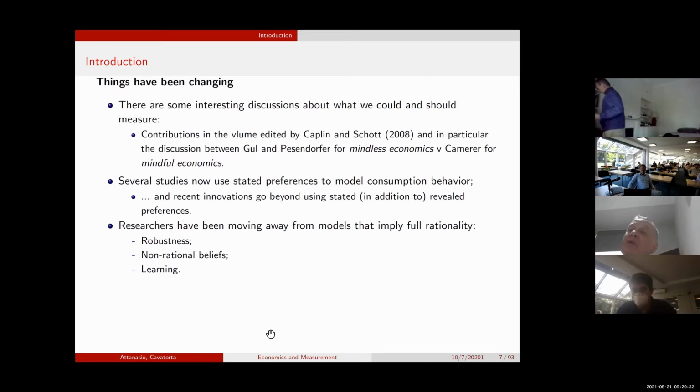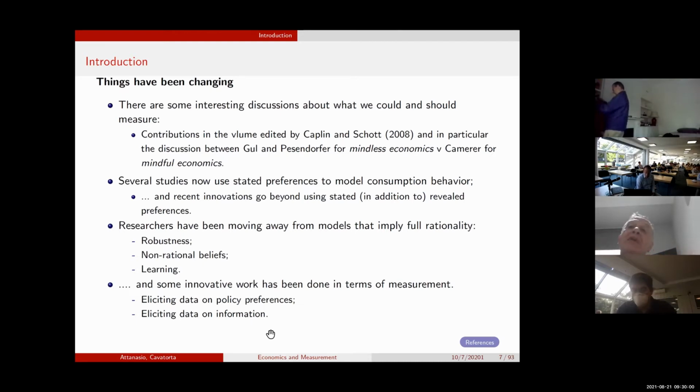And then Gul and Pesendorfer were a little bit skeptical about that, or not just skeptical, but they argue against the usefulness of doing that. Colin Camerer instead goes the other way and argues for rich measures of how the brain operates and all that.